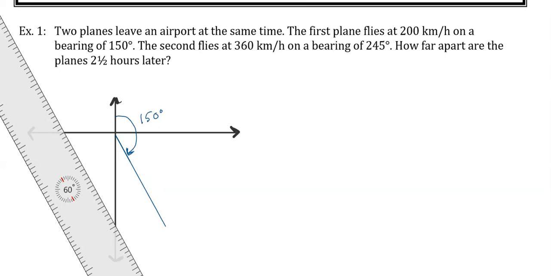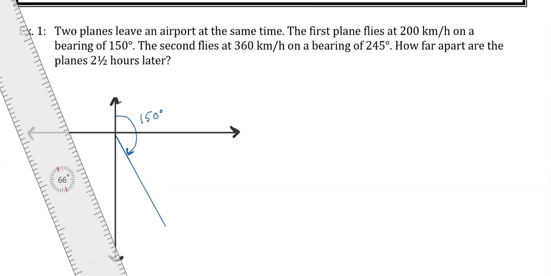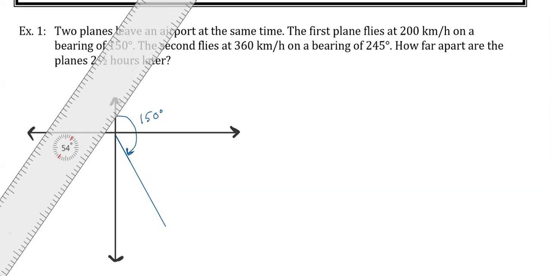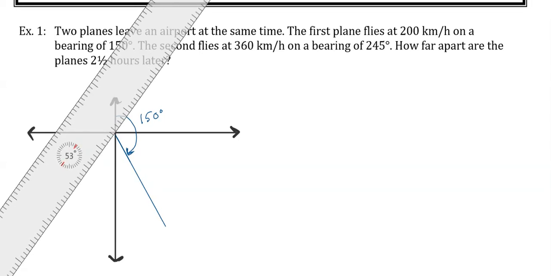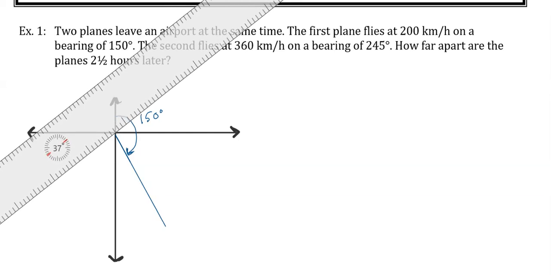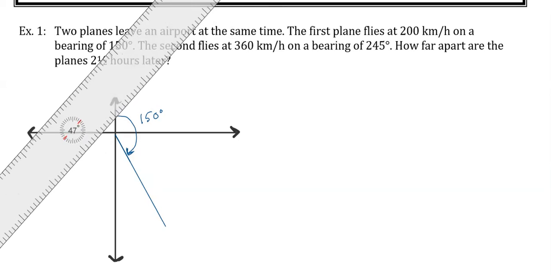Their bearing always starts from the same place. So if I start one of them 150 degrees from here, the next one, which is going to be 245, is also going to start from the same place. Okay. So the other one is going to end up over here. And again, you don't have to be perfect. It's going to be something like this.